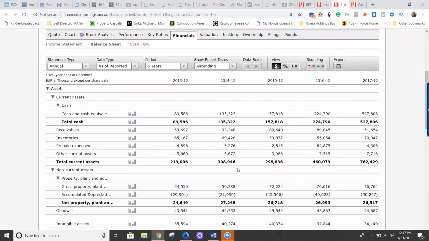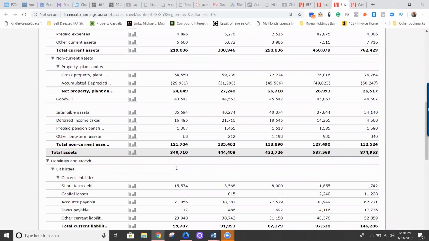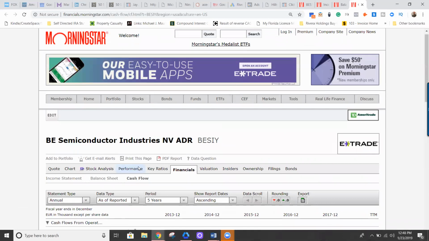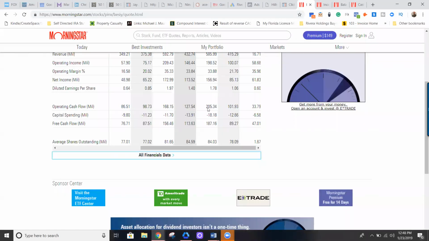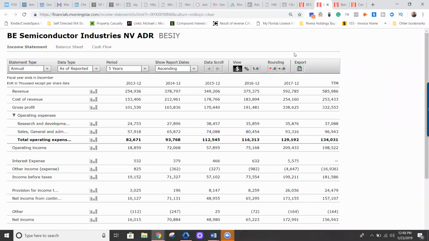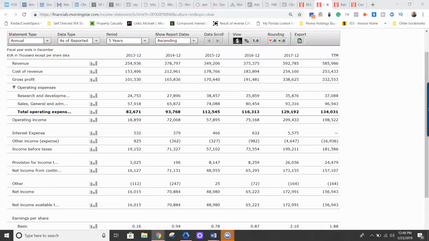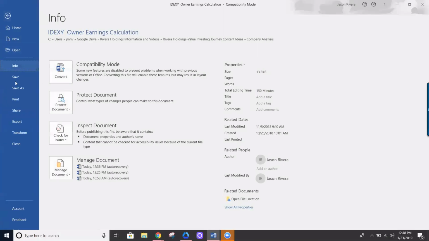Okay, depreciation, prepaid expenses, and so on. Accounts payable, perfect. Working capital, awesome. So this should be a very good look at what this company will be doing or has done. Okay. I'm going to save this.